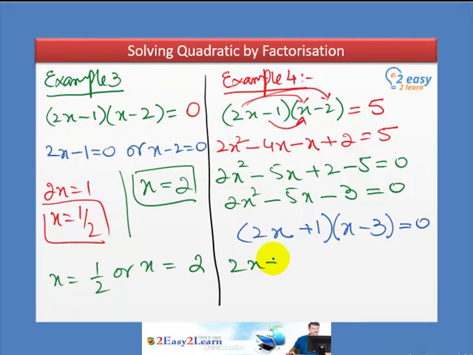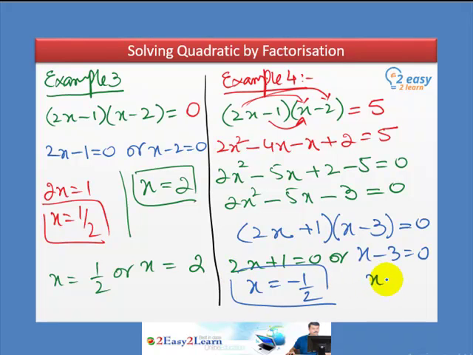So 2x plus 1 is equal to 0, or x minus 3 is equal to 0. From this factor you will get x is equal to negative 1 by 2, and here x is equal to 3. So you have two roots of this equation. These answers are also called roots of the equation. x is equal to negative 1 by 2, or x is equal to 3.